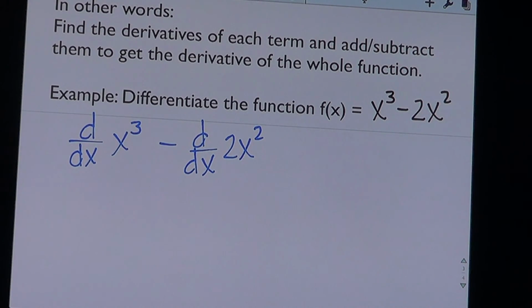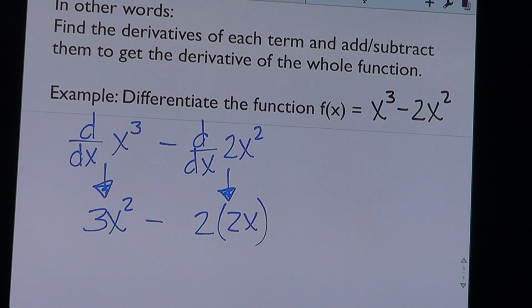So what's the derivative of x cubed? 3x squared, minus, and the derivative of 2x squared would be 2 times the derivative of x squared, which would be 2x. So in other words, this would be 3x squared minus 4x.